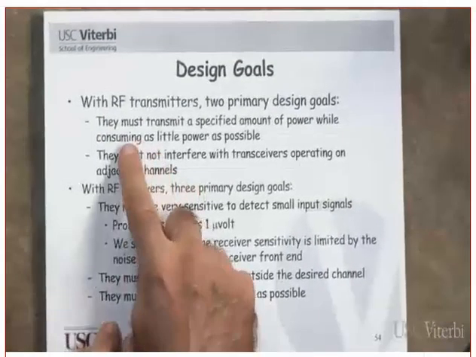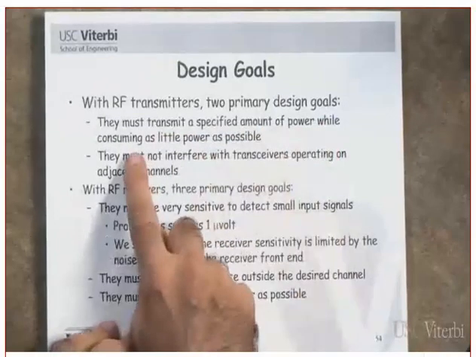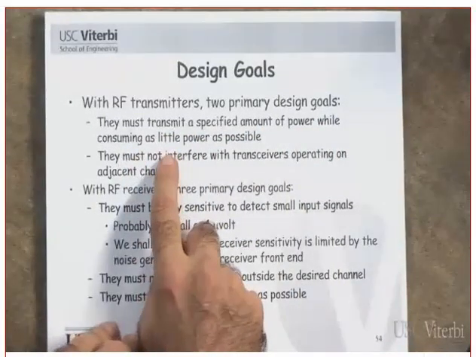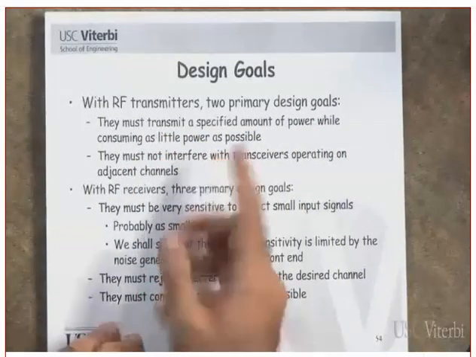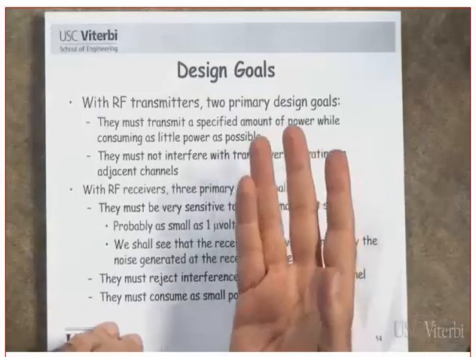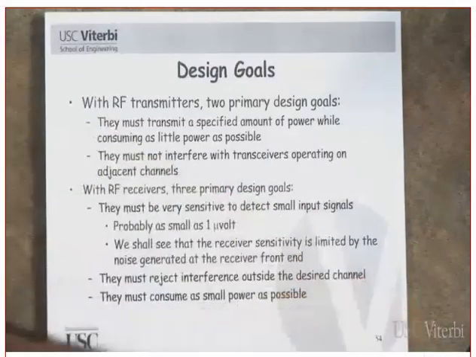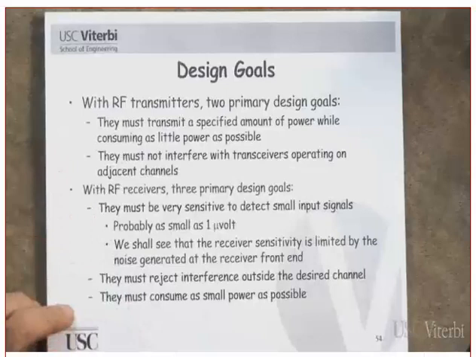So the first question is what? They must transmit at a specified amount of power while consuming as little power as possible. Where is this power coming from, by the way? We will see when we study the power amplifier. Actually, the power is coming from the DC and converted to RF power.